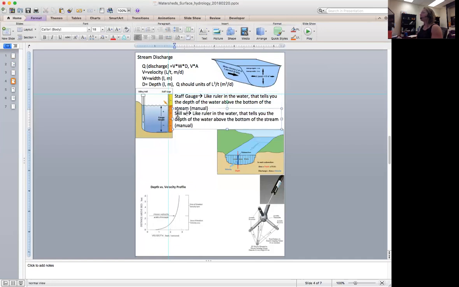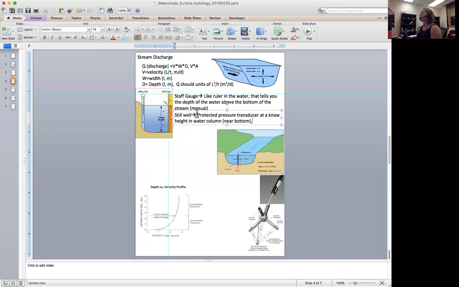And a stilling well is just like a PVC pipe that is out there protecting a pressure transducer. So it's just an area where we have a protected pressure transducer at a known height in the water column, near the bottom, of course.